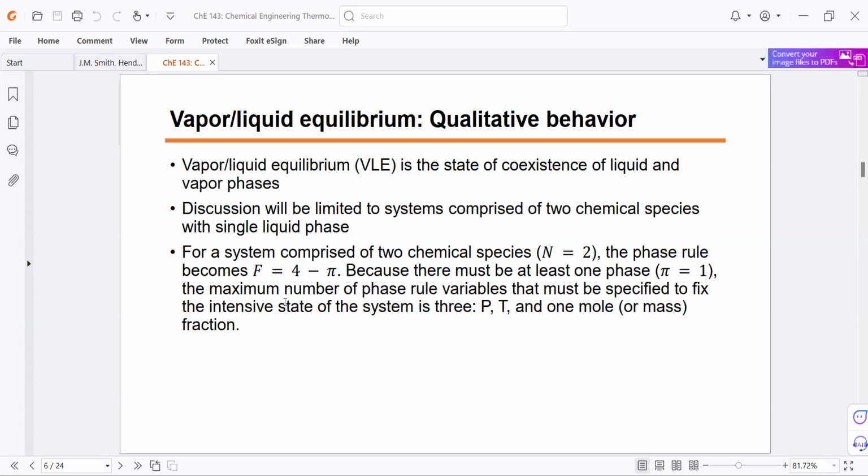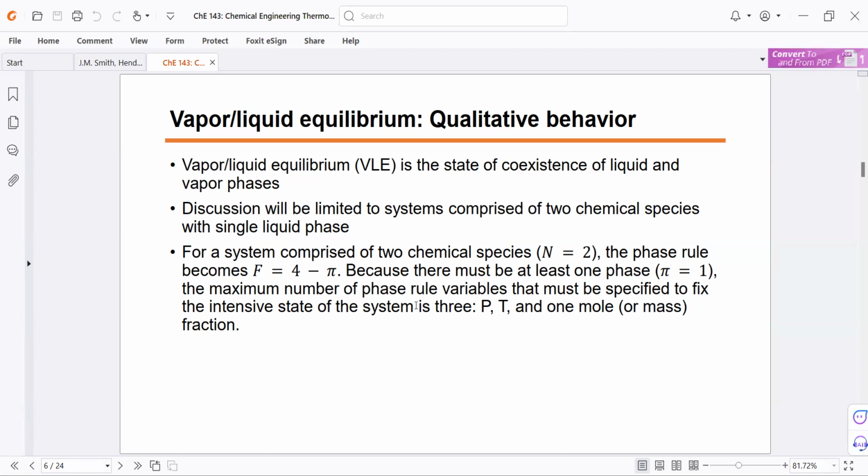Therefore, the maximum number of variables that must be specified to fix the intensive state of the system is 3, which are the pressure, temperature, and one mole or mass fraction.